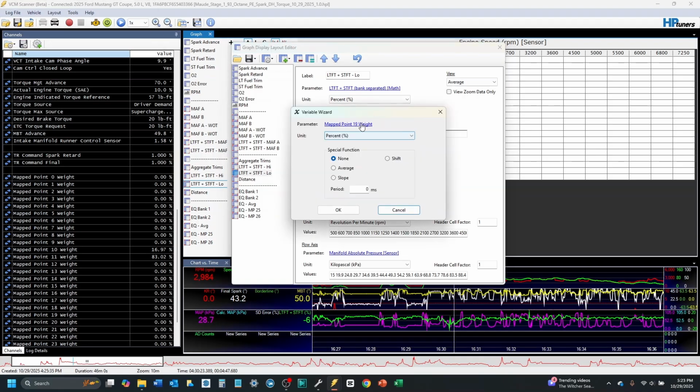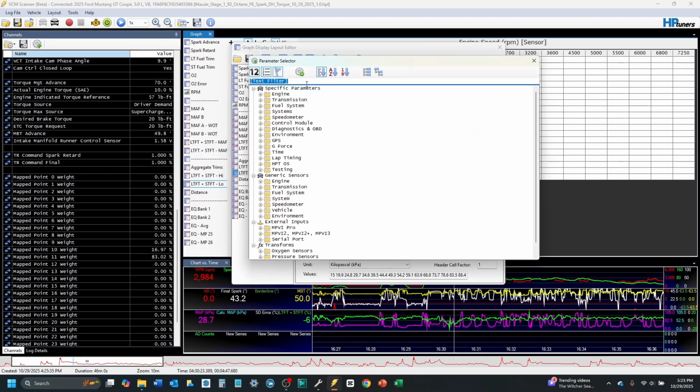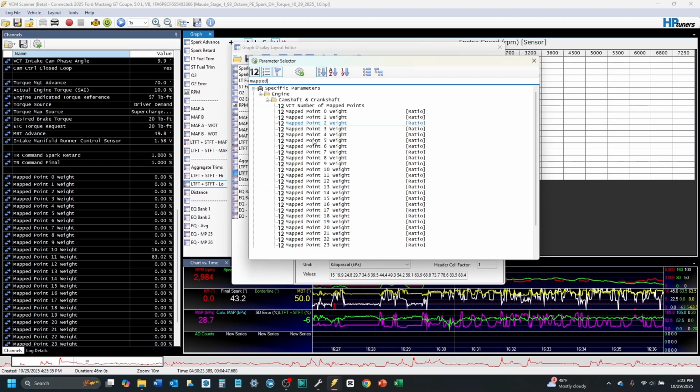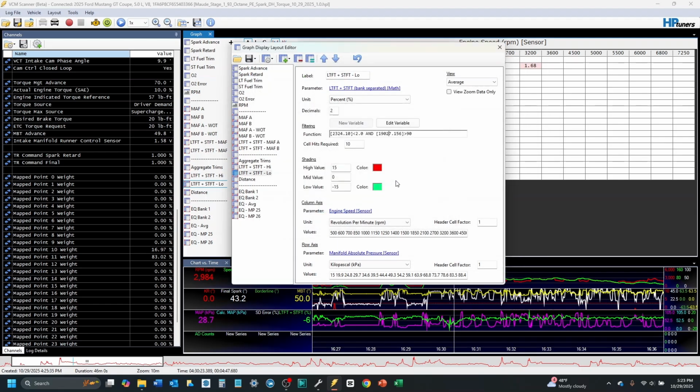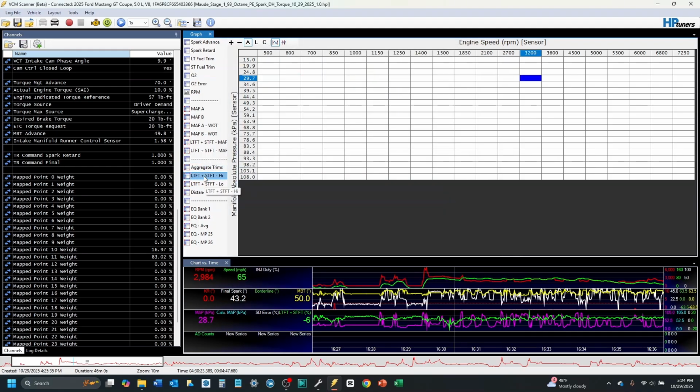But I wasn't. So let's go back to map point 10. Now that's for the low voltage state where we're cruising. High voltage state where the IMRC is open, right? We're looking at 0. And if I actually look at that table, absolutely nothing, right?